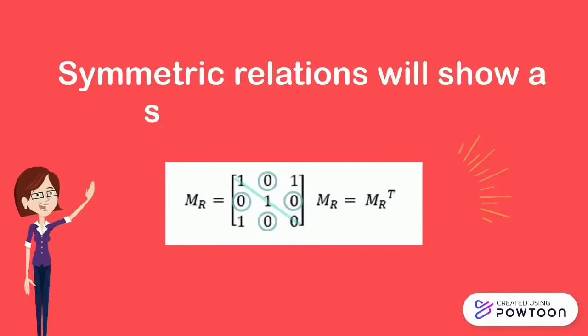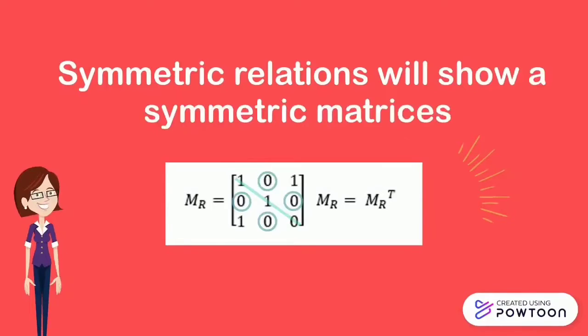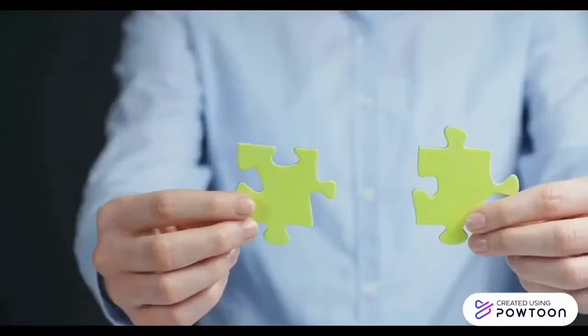A relation is a symmetric relation if the matrix is a symmetric matrix. A symmetric matrix is a matrix which is equal to its transpose, which is MR equals MR transpose. For example, 1 0 1, 0 1 0, 1 0 0 is a symmetric matrix.